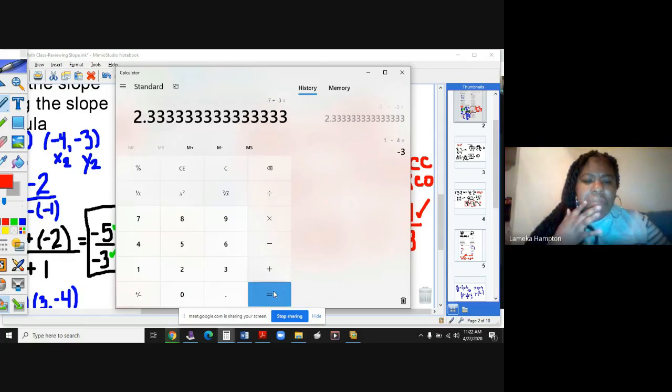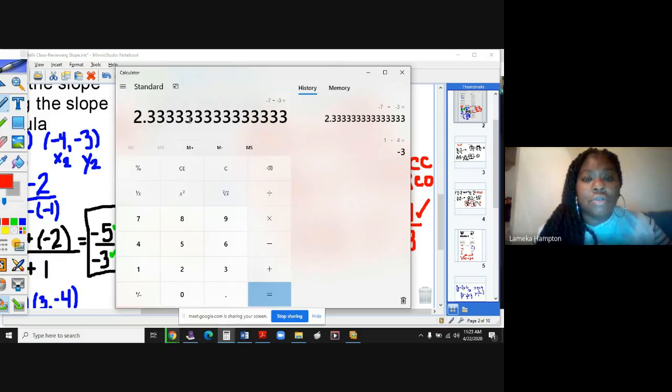Now remember, my answer is going to come out as a decimal, but do you see that it's a positive answer? So that's the reason why when you have two negative numbers and you're doing division, because you're dividing integers, a negative divided by a negative is a positive.